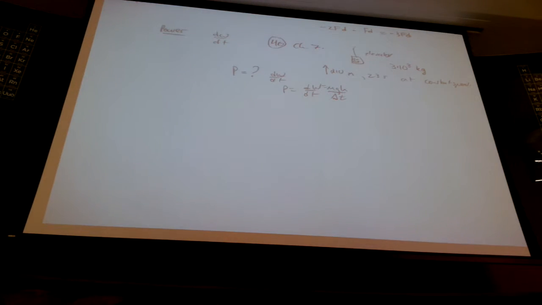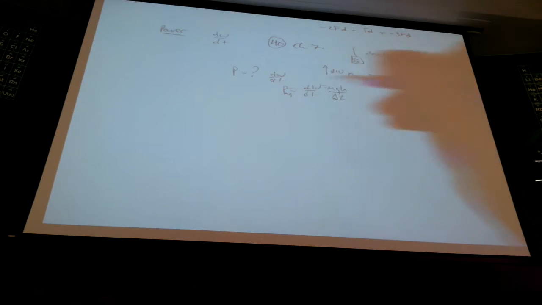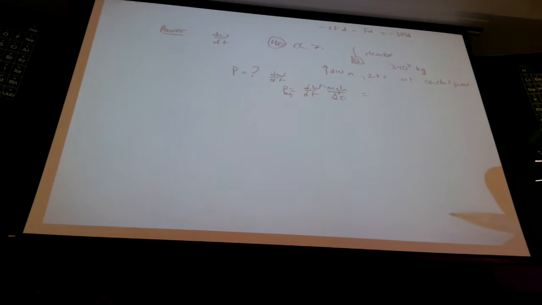And it's average power, so it doesn't really matter what happened in between, just the total distance divided by the total time. That's why they say average power. Okay? And you plug in the numbers, you get like 700 watts or something. Anyway, 3 times 10 to the 3rd times 9.8 times 210 divided by 23 seconds. And it's measured in watts, so the unit of power is watts.